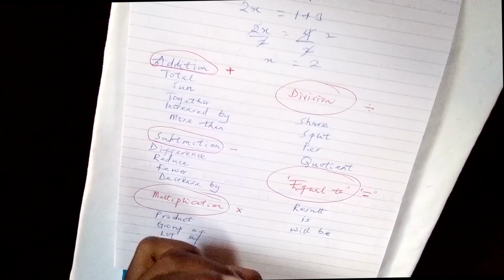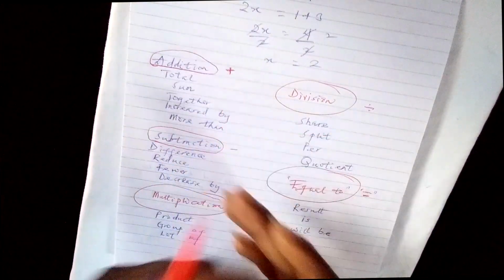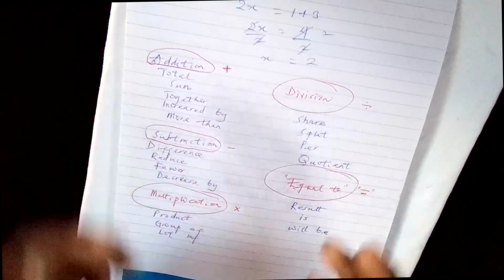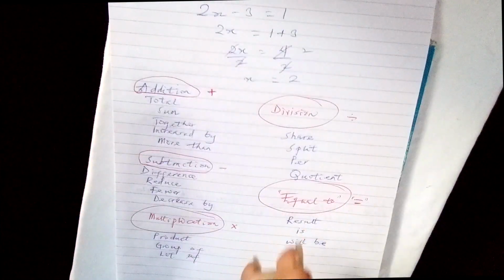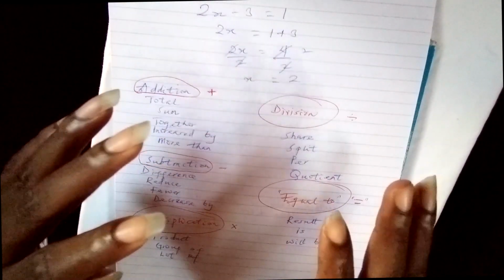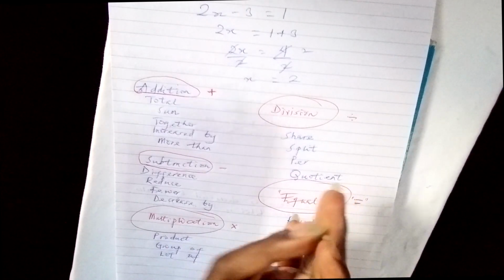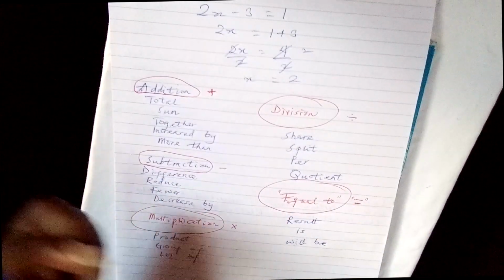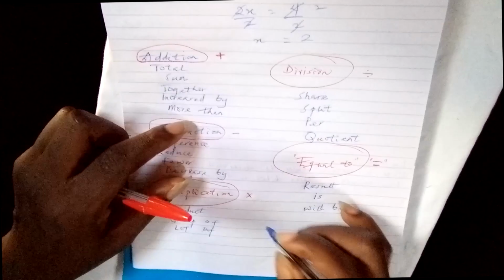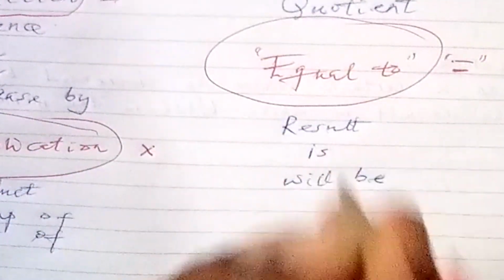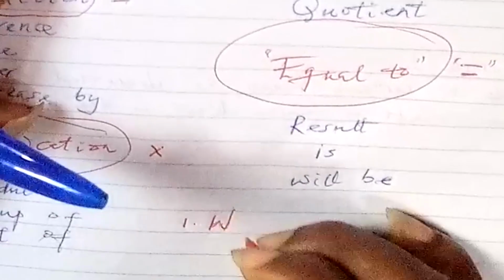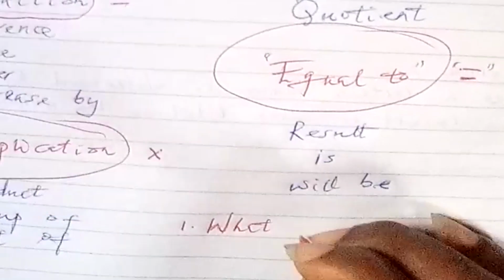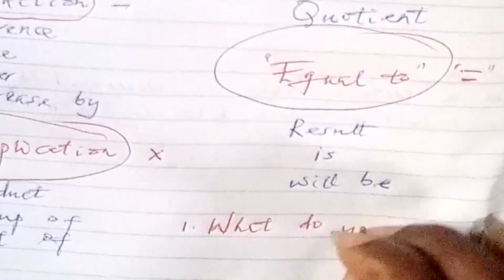Now the question is, how can you solve a word problem? I'm going to teach you two simple strategies that can be applied to many word problems before solving them. The first strategy, I've named it: what do you already know?